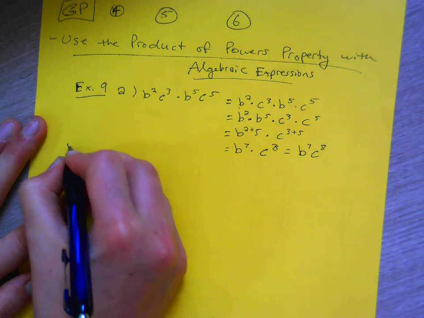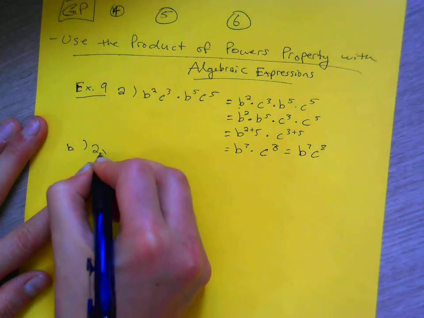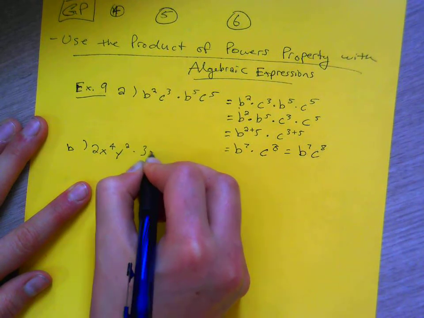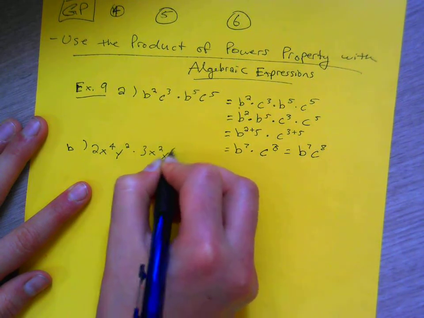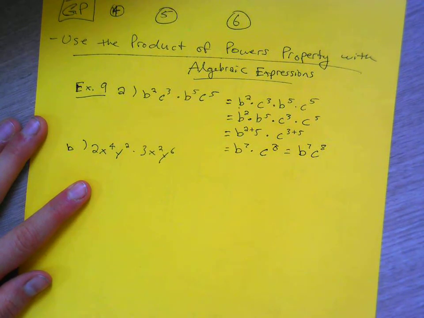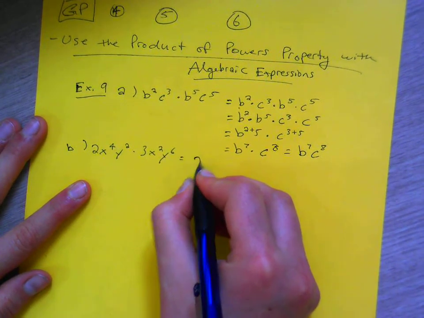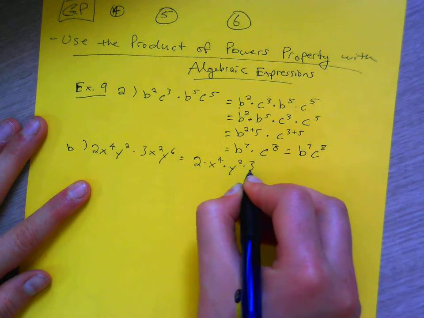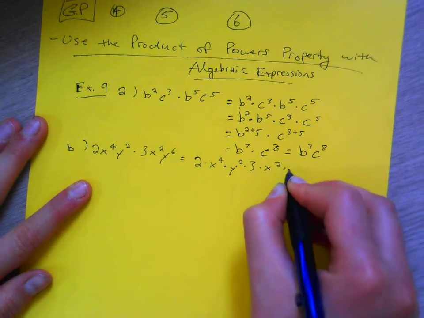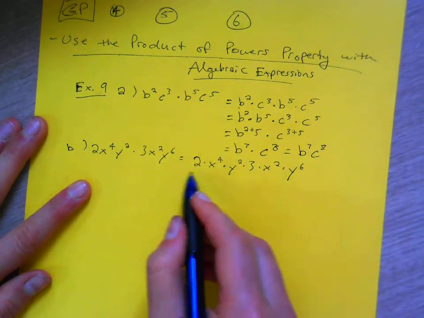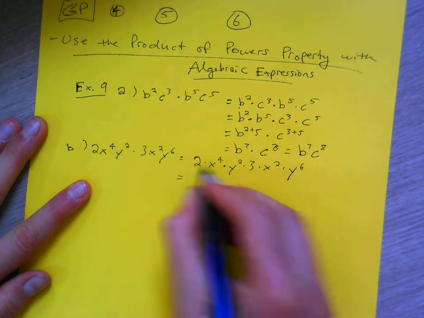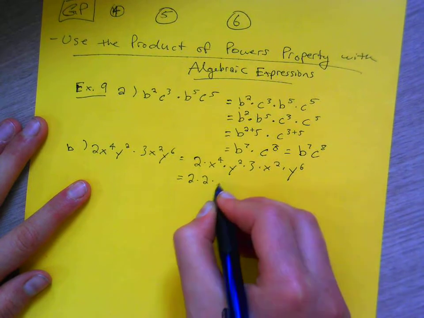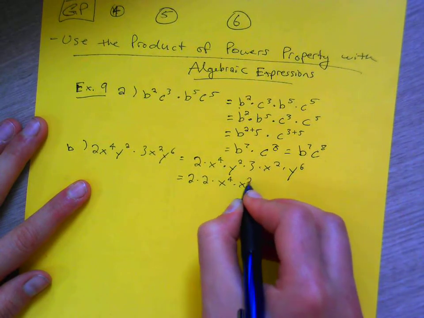Let's try B. 2x to the 4th y squared times 3x squared y to the 6th. First, let's rewrite the product. 2 times x to the 4th times y squared times 3 times x squared times y to the 6th. Now let's regroup the 2 and the 3 together because they're both numbers with no x, and the x's together, x to the 4th times x squared.